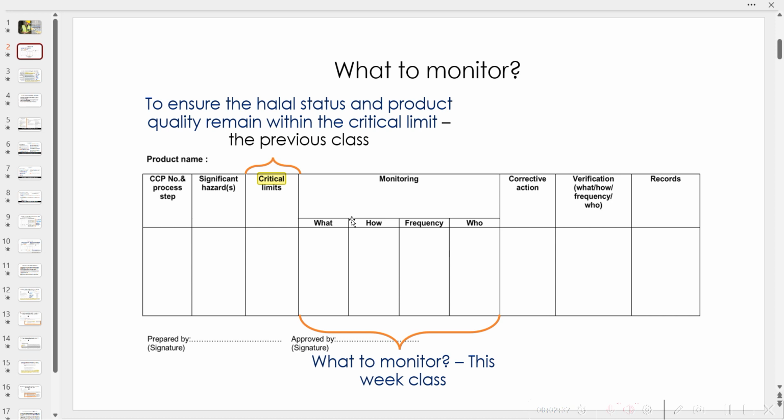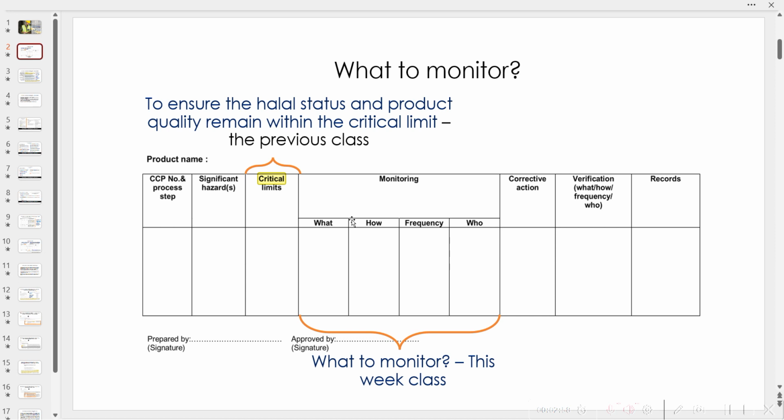So you are monitoring your processes to comply with the critical limit that you have set. We monitor the freezer temperature, for example, so that it is within the range of 0 to -20. Right? So you need to do the monitoring.